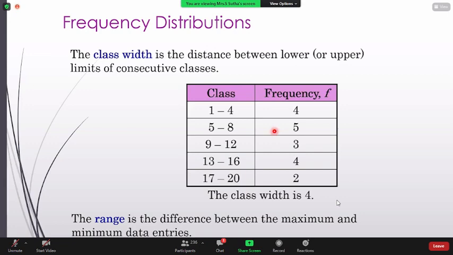But I am asking for the range of the frequency distribution, not a particular class. 19, yes, 20 minus 1. The range is the difference between the maximum and minimum data entries, so the range for this frequency distribution is 19, or you can say it ranges from 1 to 20.